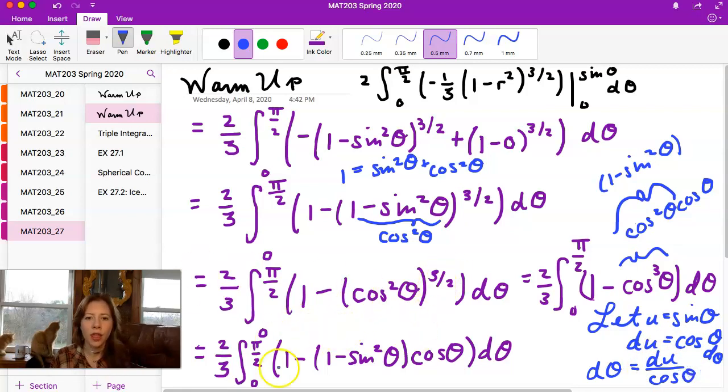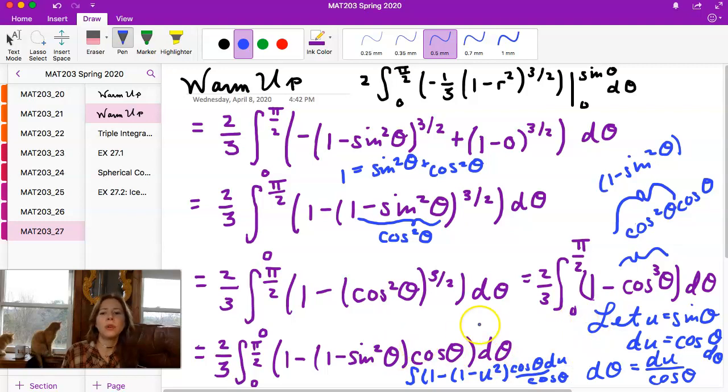Right, and so this can then be written as 1 minus u squared times, so let me rewrite this down here. We have the integral of 1 minus u squared, and then we have cosine theta du over cosine theta.